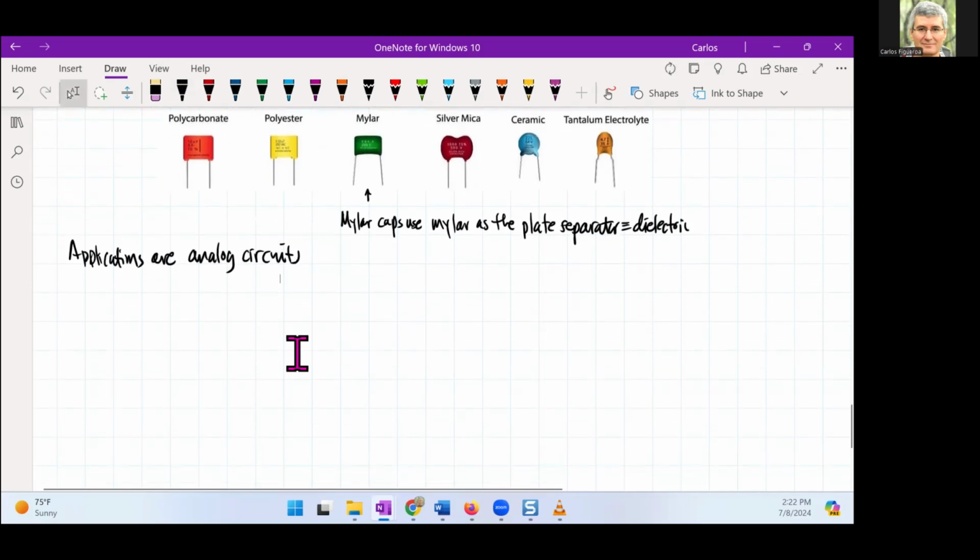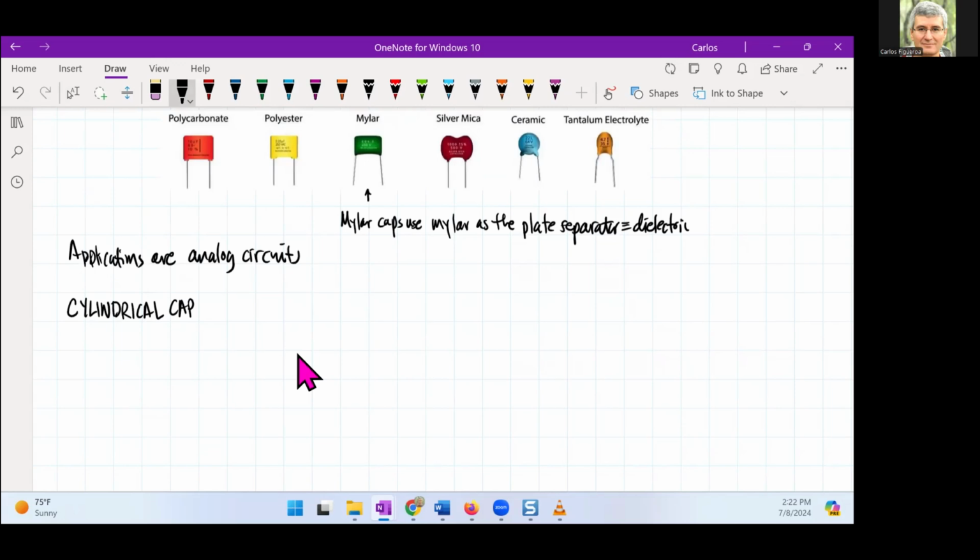Now, there's another type of capacitor, and these are the ones that I typically have in my circuits class when I teach it. We have cylindrical capacitors.